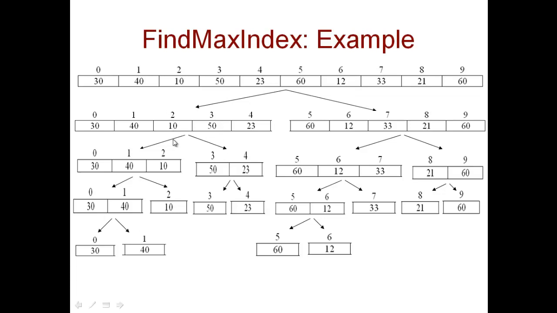So you break that around index 2. Now 0 to 2 is one range and 3 to 4 is the other range. And now again work on finding the index of the maximum element in that left subproblem, within 0 to 2. So break that into 0 to 1 and then 2. And then you again work on the left subproblem. So you break that into 0 and 1.